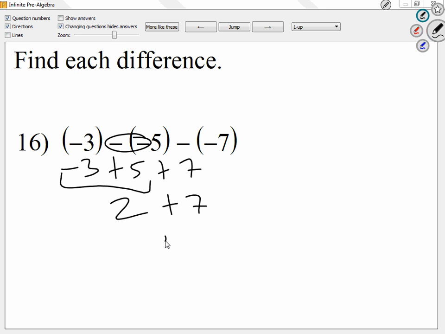Then 2 plus 7, I'm going to call that 9. Anything up until 20, because 17 through 20 is the same idea. Anything up until 20?